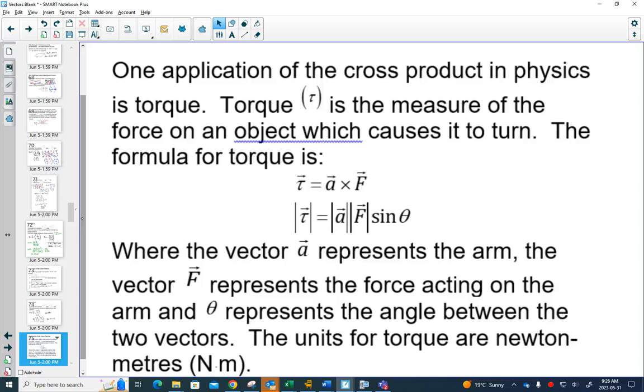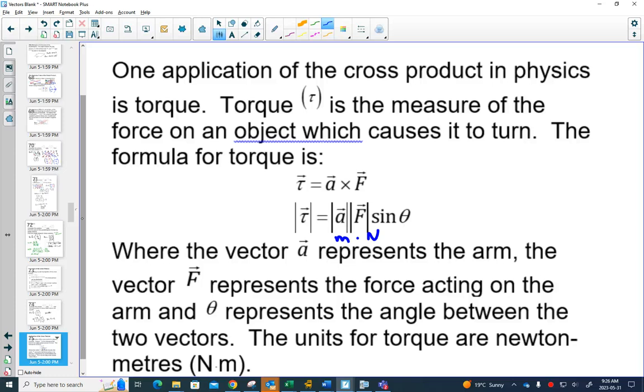And since the length of your wrench is measured in some sort of units, like meters, and your force is measured in newtons, this would become meters times newtons in the formula, so it makes sense that your unit for torque is Newton meters.